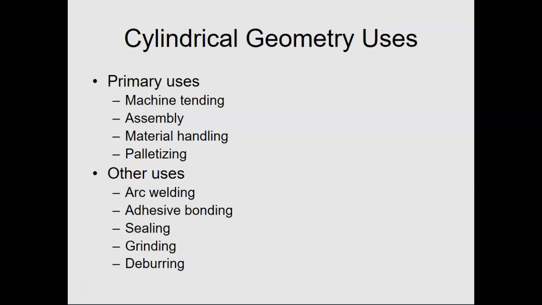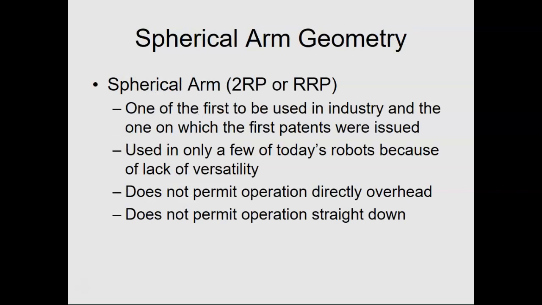Does everybody know what deburring means? Deburring means that if you've got a piece of metal that's got any little sharp bits, it comes in and grinds all the sharp bits off.